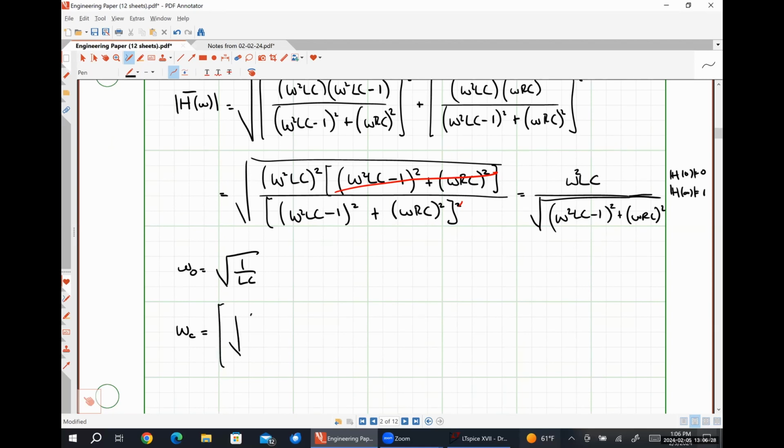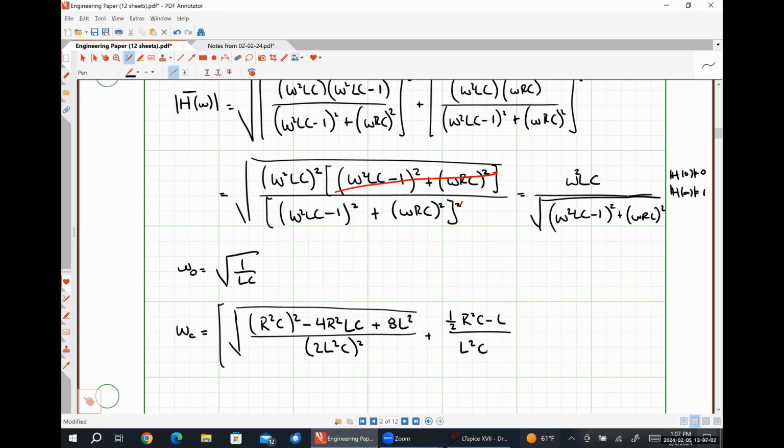So the square root of R squared C quantity squared minus 4 R squared LC plus 8L squared, all over twice L squared C quantity squared, all that bit underneath the square root sign, plus 1/2 R squared C minus L over L squared C, the 1/2 power.